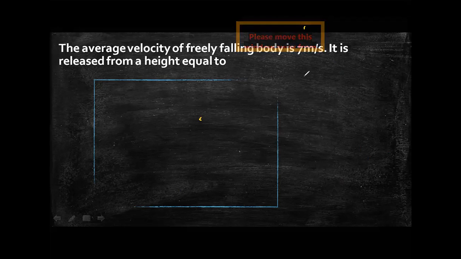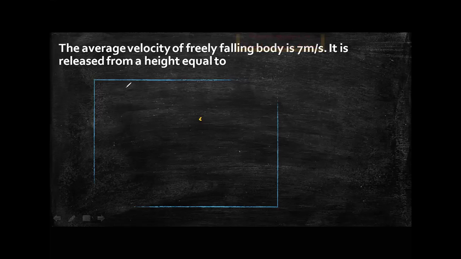The average velocity of the freely falling body is 7 meters per second. It is released from a height equal to... what is asked?